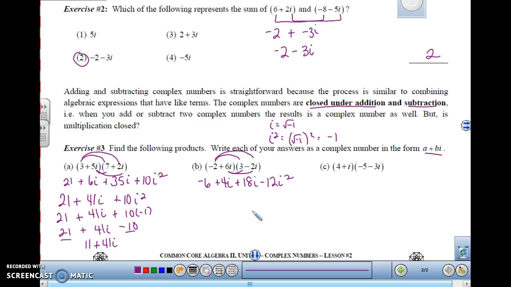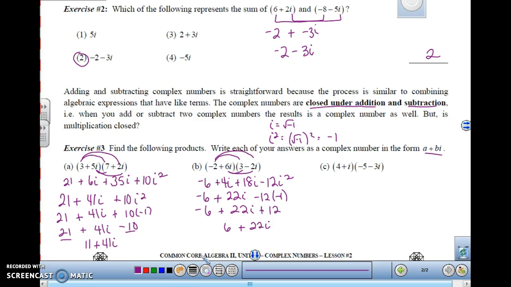All right, now combining my terms, I know that i squared is negative 1, so this is going to be negative 6 plus 22i minus 12 times negative 1, which is going to be positive 12. So negative 6 plus 22i plus 12. 12 and negative 6 is 6 plus 22i.